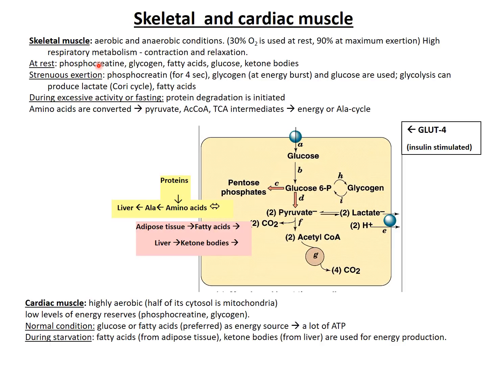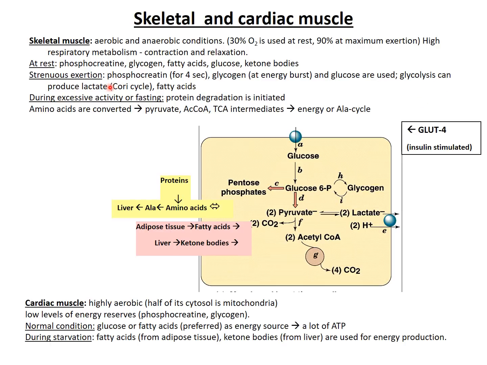Now you remember that phosphocreatine and glycogen are majorly stored away to aid muscle work. Phosphocreatine at exertion can supply energy for a couple of seconds. Glycogen mainly supplies energy bursts for a couple of minutes, and glucose and fatty acids can be used for longer time periods.